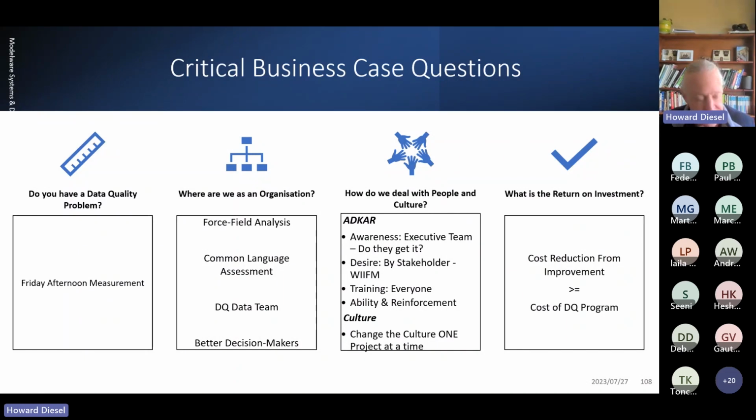And I was actually surprised these last 2 weeks when I've been reviewing a regulation on reference and master data. And one of the things the person said right in the beginning is, well, do you have a need for reference and master data? Just because everyone's doing it doesn't mean that you have to do it. Okay, so I like that question.